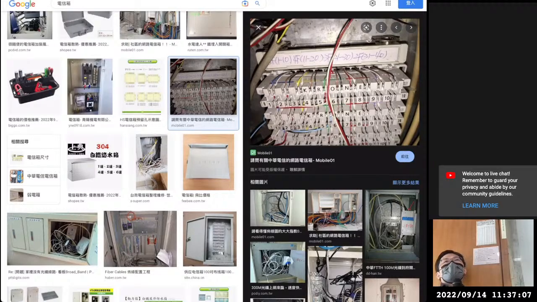Think about one thing: if your building has maybe 50 apartments, every apartment has 4 phone lines, so in total there are 200 phone lines. They will go through the elevator to the basement, and here this box has 200 slots and even more slots to collect all the phone lines from every household.